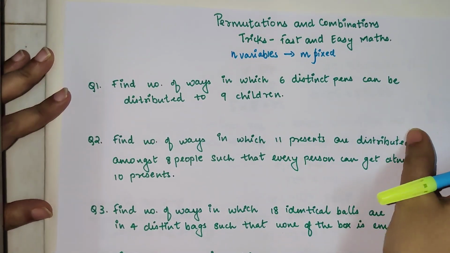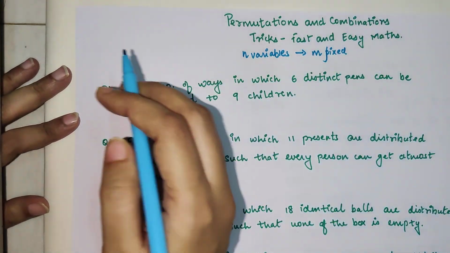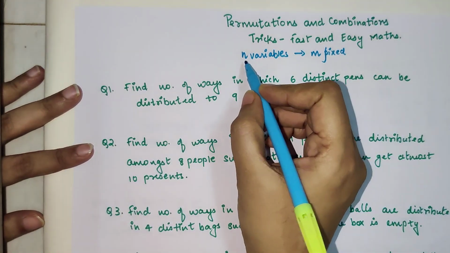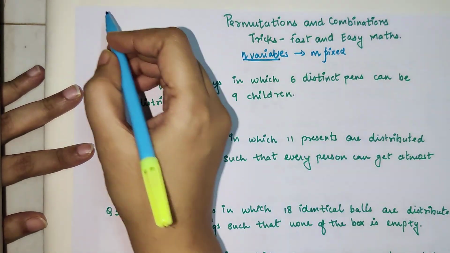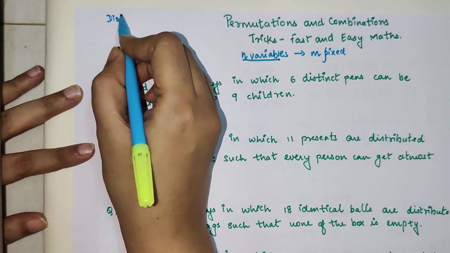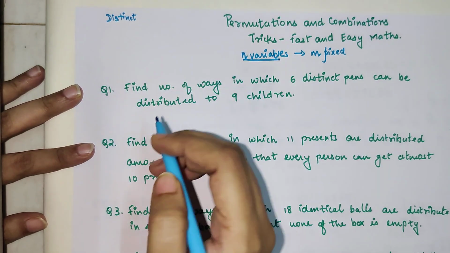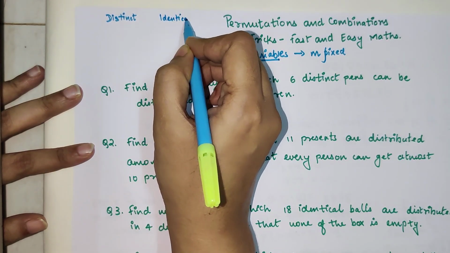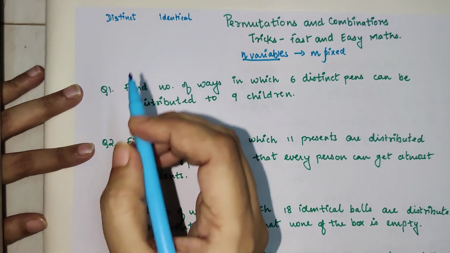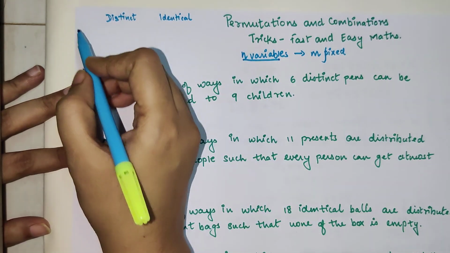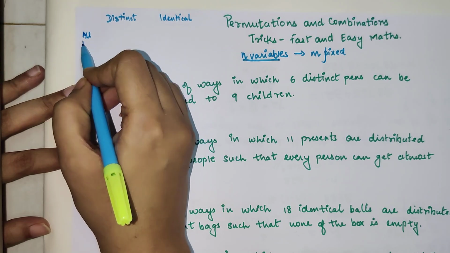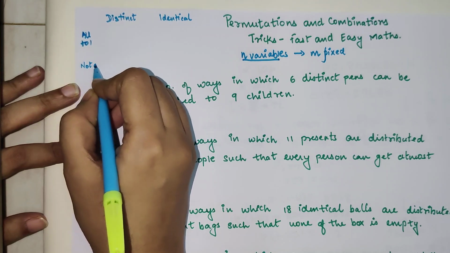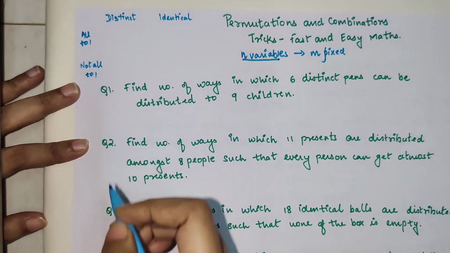Like I said, I'm going to tell you all about a table. There are two main scenarios where these variables are distinct or they are identical. If they are distinct, there are two scenarios: you can give all to 1, or you can give not all to 1.